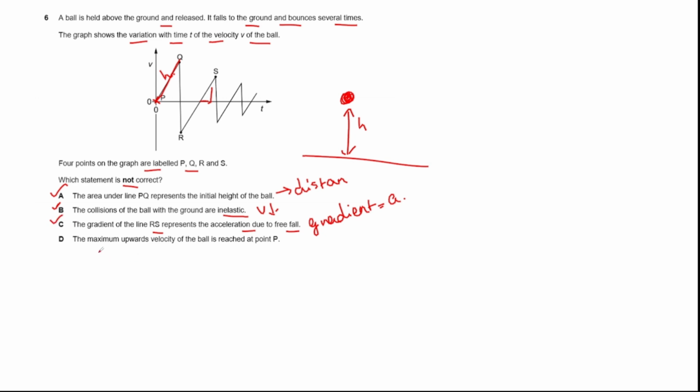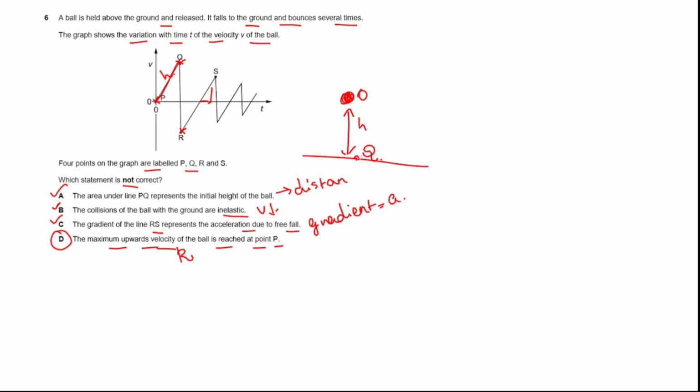Then the last option D, the maximum upward velocity of the ball is reached at point P. So this is the wrong one, because the maximum velocity is either at Q or at R, so either on the positive side or the negative side. So the maximum upward velocity will be at R, because over here is the O position, Q is at the ground.